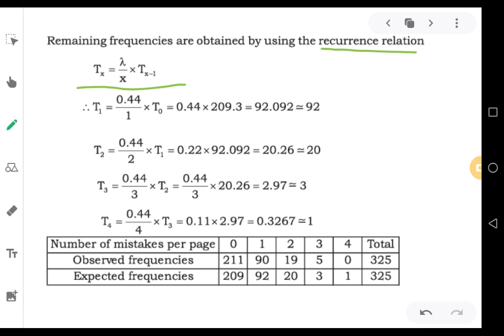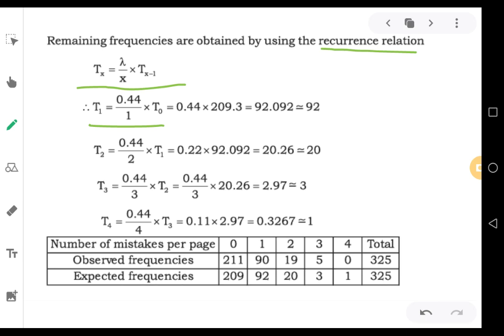That is, let us say in the case of T1, lambda is 0.44 divided by x, and as you are calculating the value of T1, x will be 1, therefore by 1 into Tx minus 1. When you are calculating T1, Tx minus 1 is T1 minus 1, so 1 minus 1 will be 0, therefore T0.